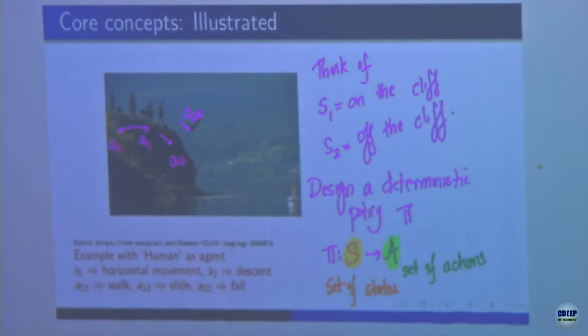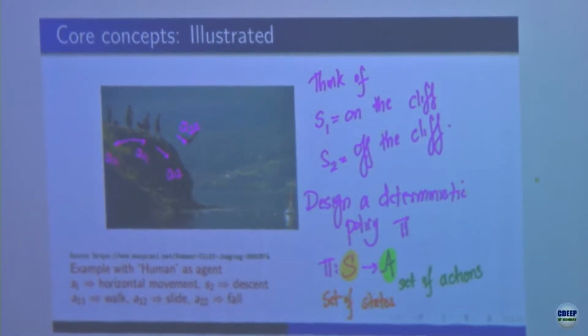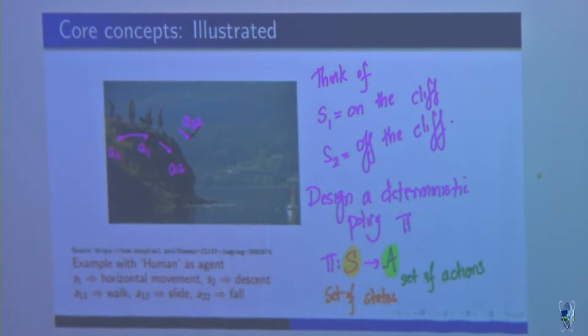Okay, so we started with this very nice simple example of people jumping off a cliff. There are two states, on the cliff and off the cliff. These are the two states we talked of, and we said that the actions could be walking, sliding, falling, leading to transition from S1 to S2 or staying on S2.